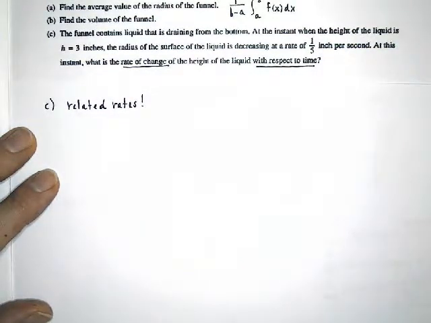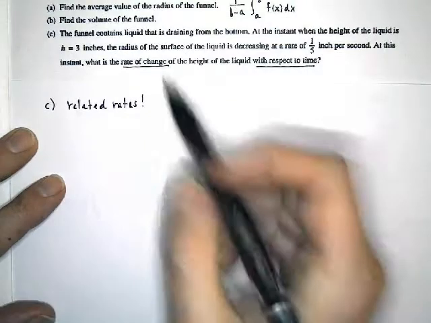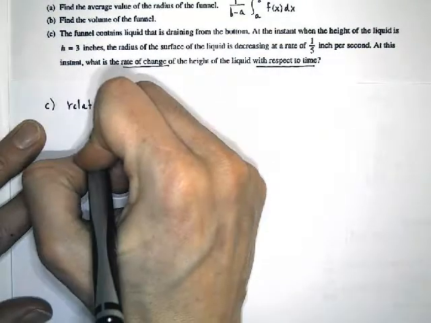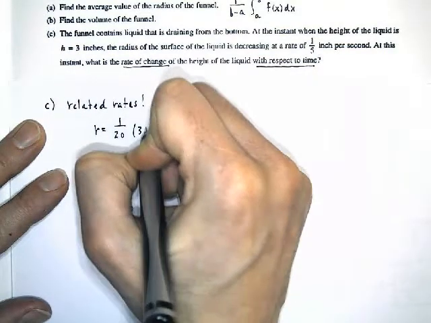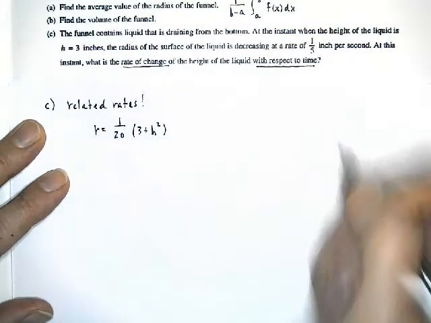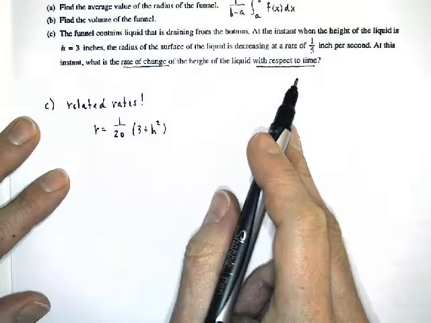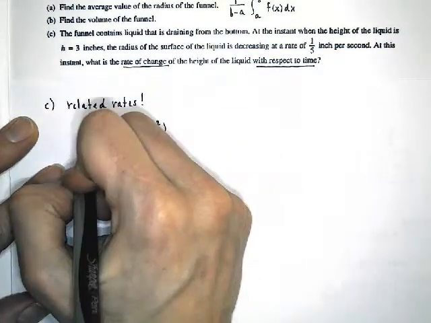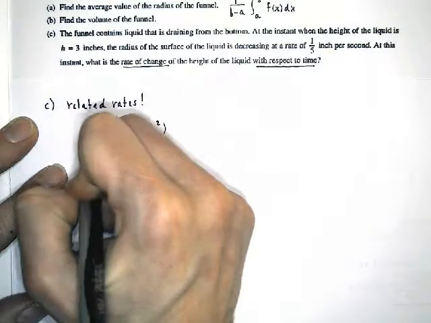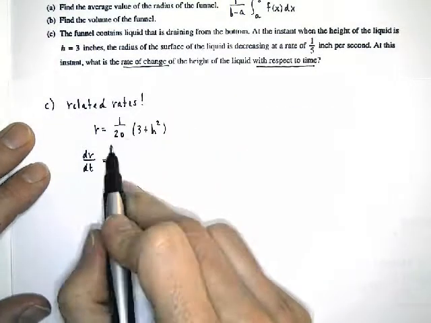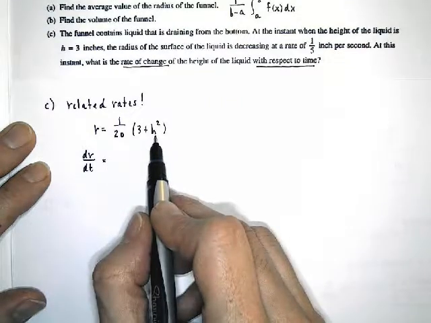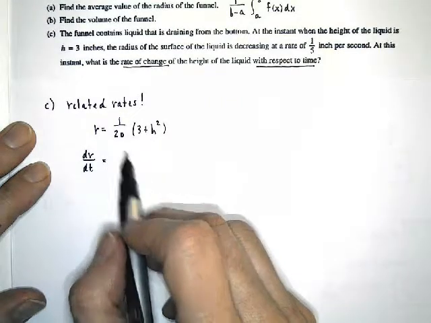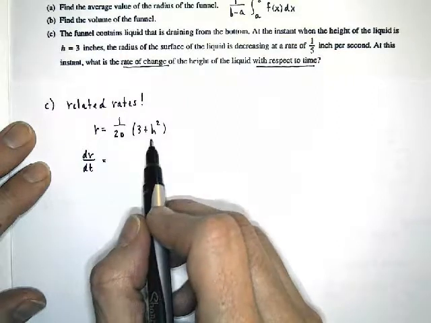So we need to know, let's see what we've got here. We've got our radius function is 1/20th times 3 plus h squared. We need to find the derivative with respect to time. So we're going to use our implicit differentiation. So dr dt. Well, if I'm finding the derivative of this, I know a constant times a function, its derivative is just the constant times the derivative of this function.